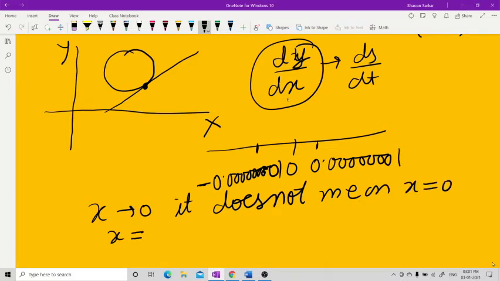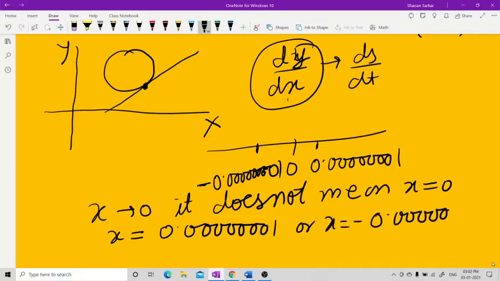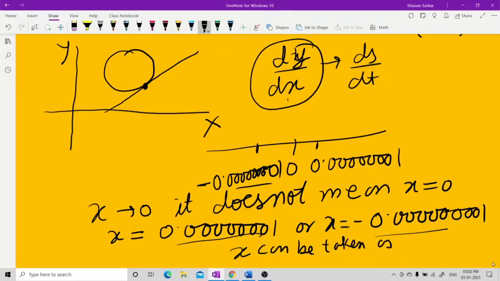X may be 0.000000001, or x may be minus 0.00001. In both cases, x can be taken as 0, that is, you can put x equal to 0, but x is not 0 basically.